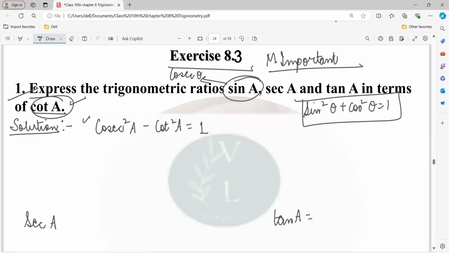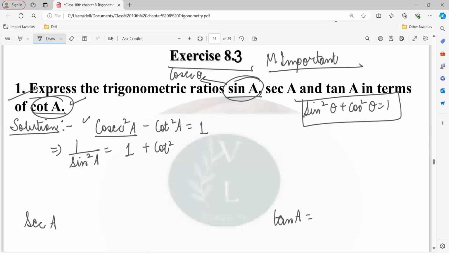Now we want the answer in sine, so we'll convert cosecant into sine: cosecant is 1 upon sine. So cosecant square A is 1 upon sine square A, which equals 1 plus cot square A when cot square A is shifted to the right hand side.